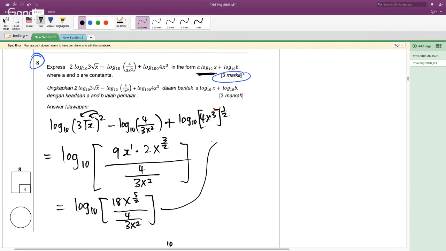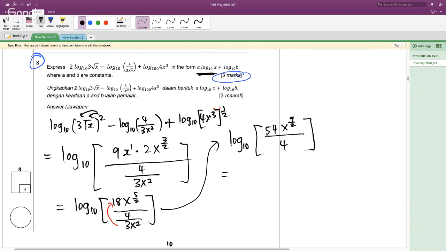And then the next thing is I just solve the fraction at the bottom. Divide changes into multiply, meaning the bottom one will multiply the top one. So therefore I will have something like, okay, 3 multiplied by 18 is 54, and then x plus another 2 will be 9 over 2, over 4.